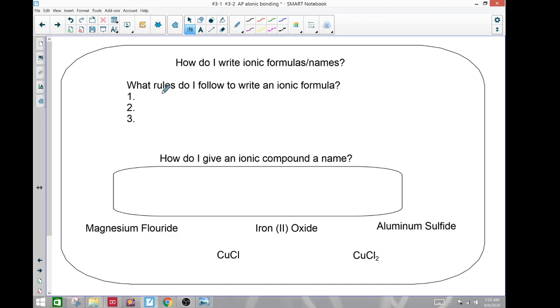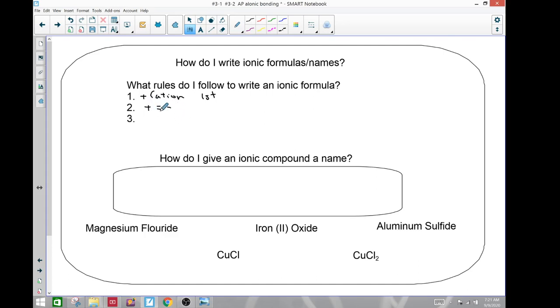All right, now formulas and names. We've given the naming convention, which is just name of cation, name of anion. How do we get a formula? First of all, in general, we do the cation first. Then we want to make sure that our positives equal our negatives.